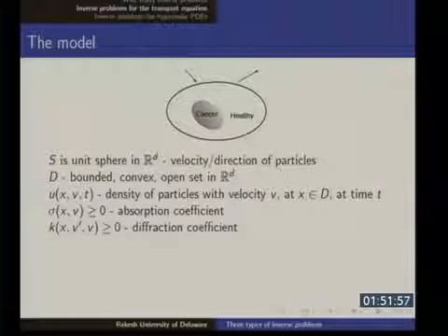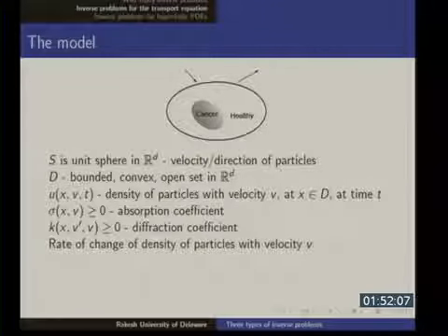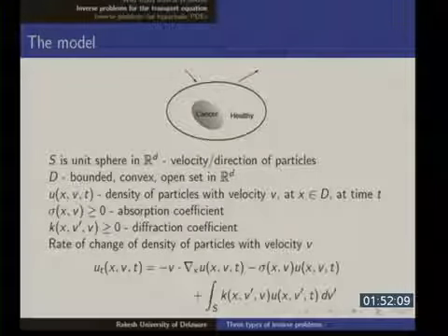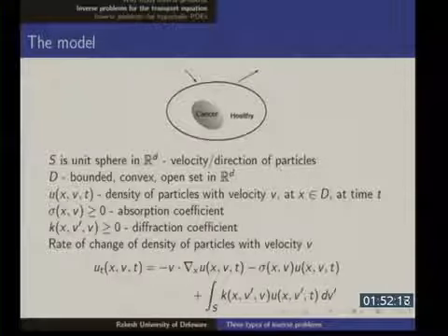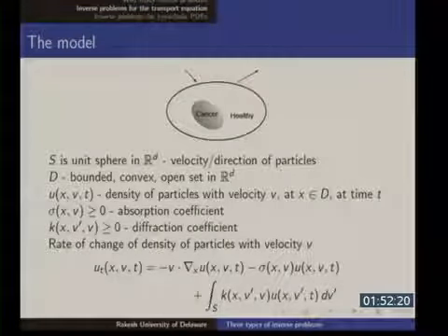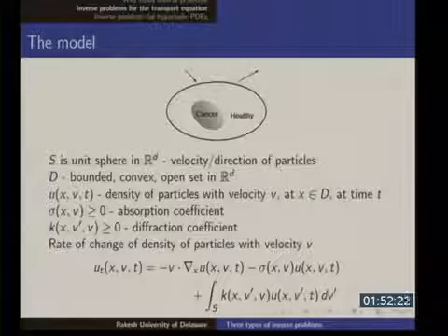Then the scattering coefficient, k, depends on the incoming direction and the direction in which the particle is scattered. And then this is the physics. The rate at which the concentration of particles traveling with velocity v at position x at time t changes depends on, this is just due to the transport. The particles are moving, so that's why they're coming and leaving. This is the contribution from that.